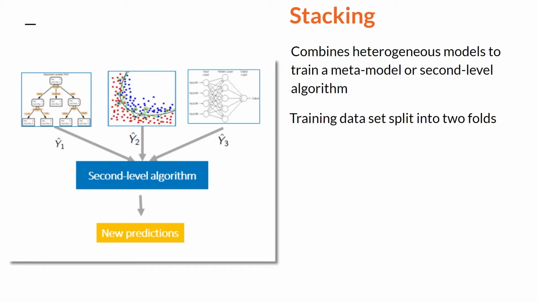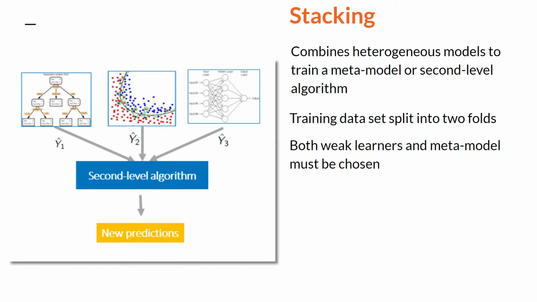So stacking works by splitting the training data set into 2 folds, and a fold is just a data set. So it splits the data set into 2. In stacking, both the weak learners and the meta model or second level algorithm must be chosen.